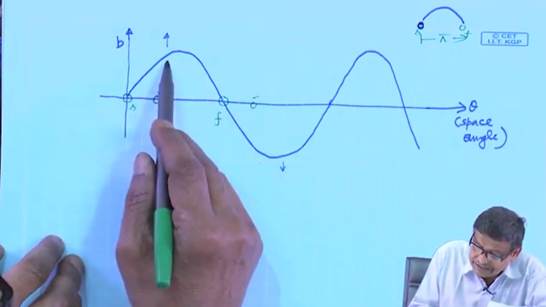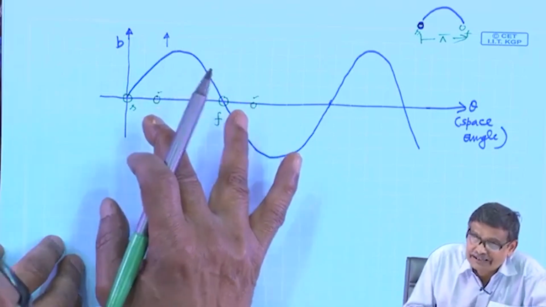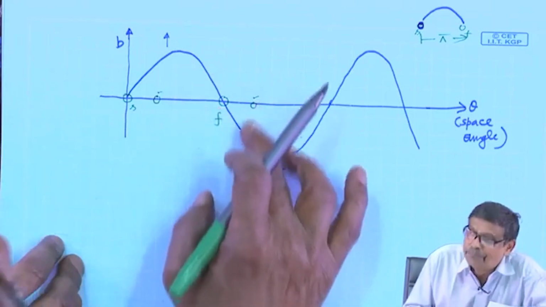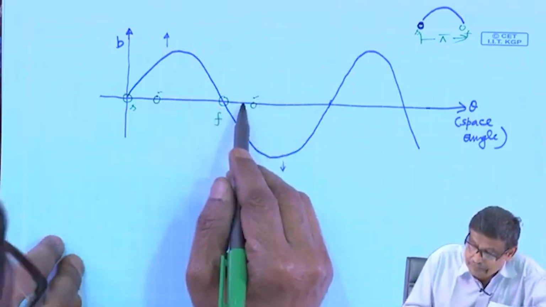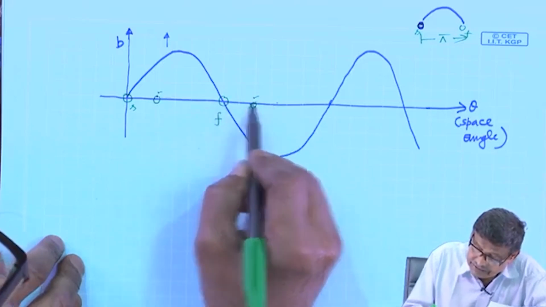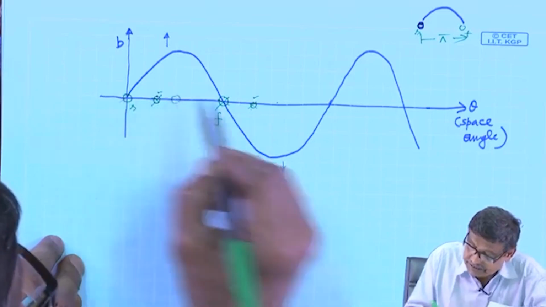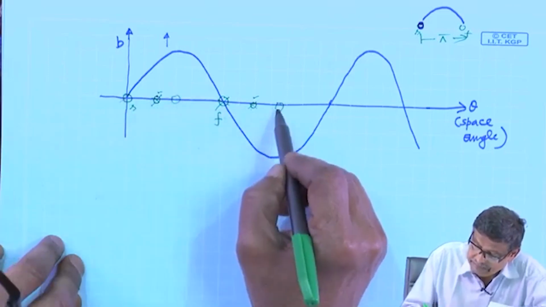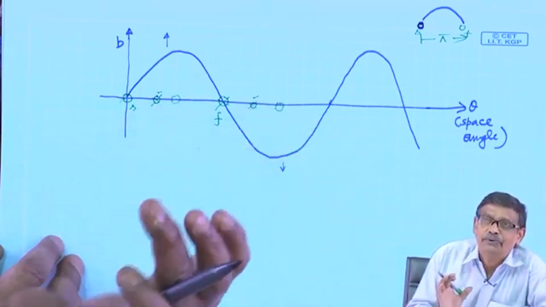Then you can see the total flux crossing this coil has now decreased, because there is a negative portion of flux lines. It goes like this. Then when it moves further, it comes here, the peak here. Then what will be the flux linkage? 0.